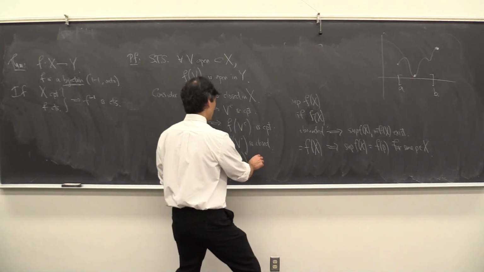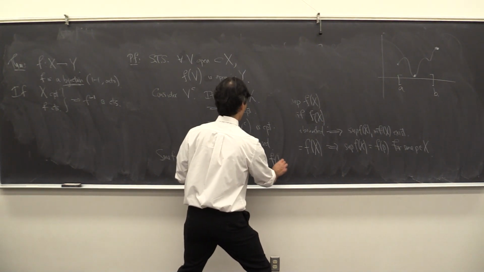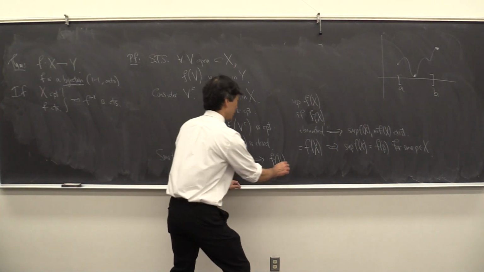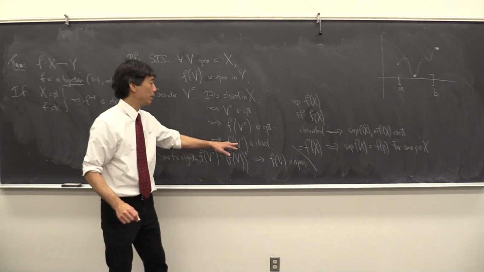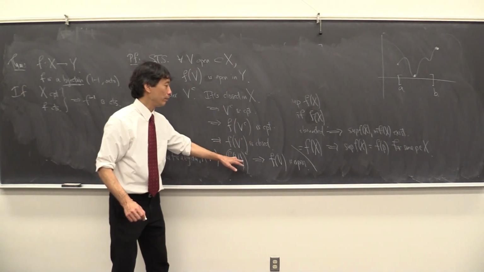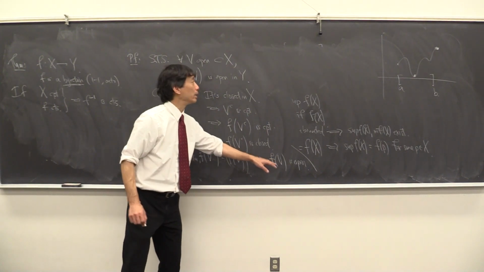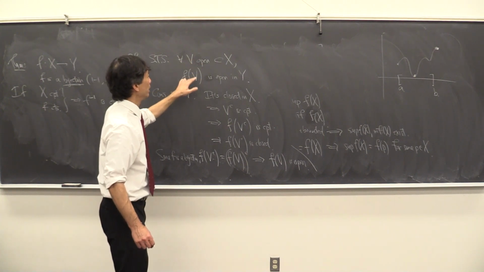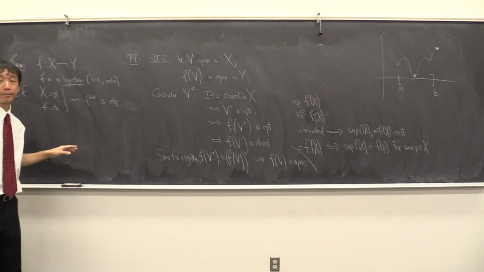So what does that tell you? This thing is closed, but this thing is the complement of f of V. So the complement is closed, so f of V is open. And so we've done what we wanted. We've shown that given any open set V, f of V is going to be open. And so the inverse is continuous.